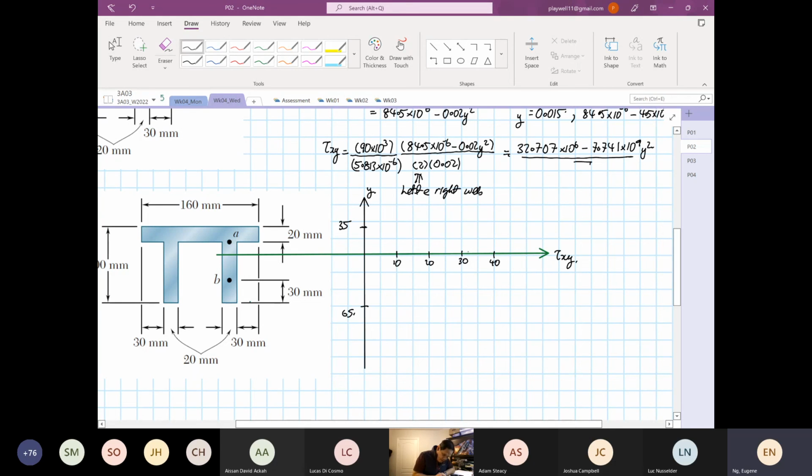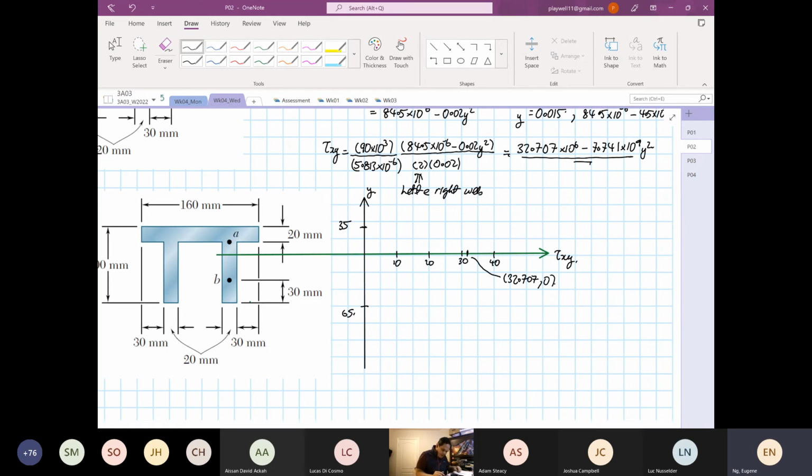Then we're going to see a peak at 32.707. This is where your tau max is. At this point we have 32.707, and it's 0. Then we calculate some points.